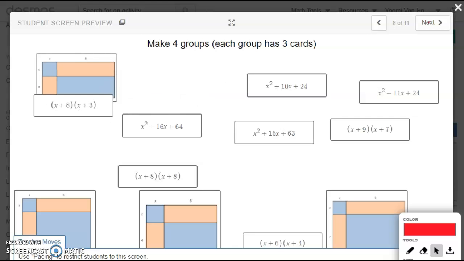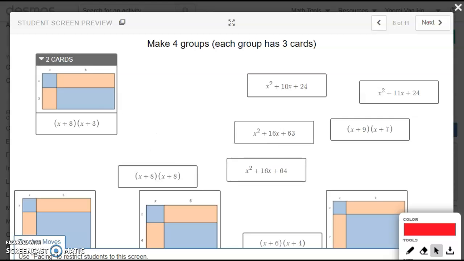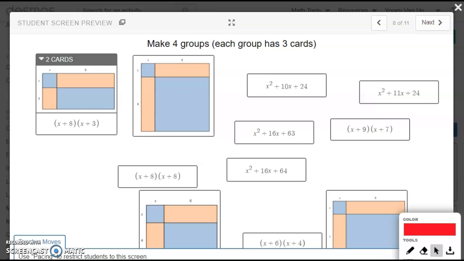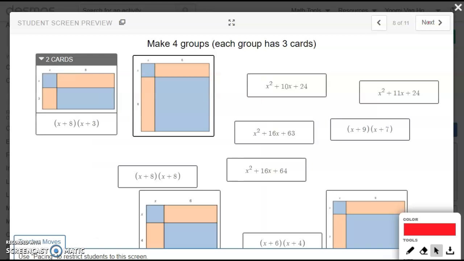That makes it actually easier because we don't have to count those little grids. Alright, then what do we have here? Again it's going to be x plus 8, that's the length, times x plus 8. So I'm looking for x plus 8 times x plus 8. Here we go.